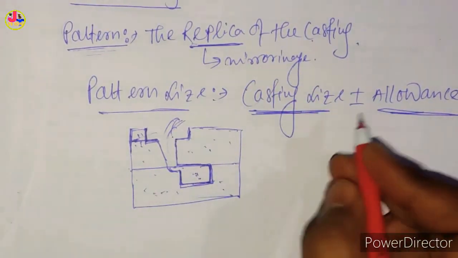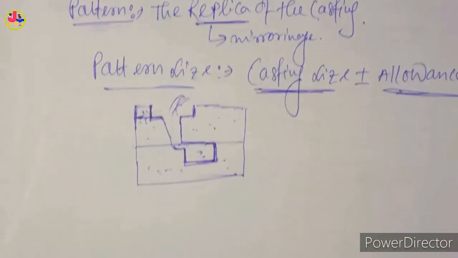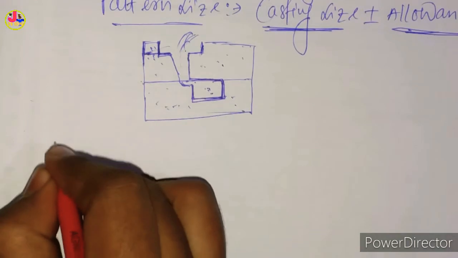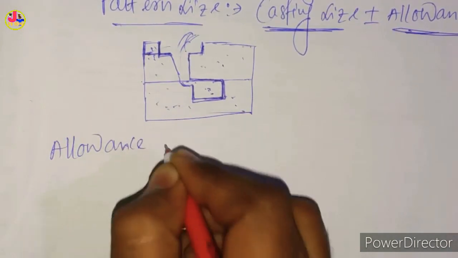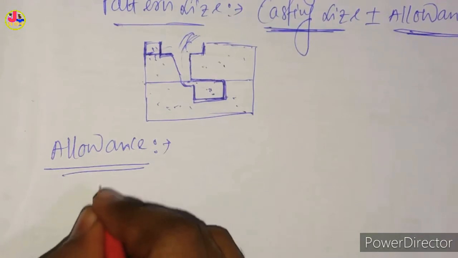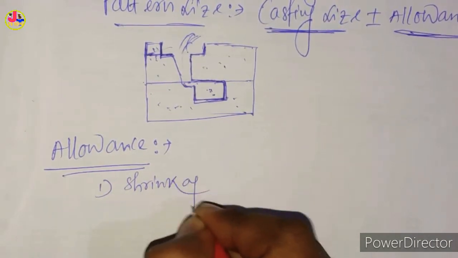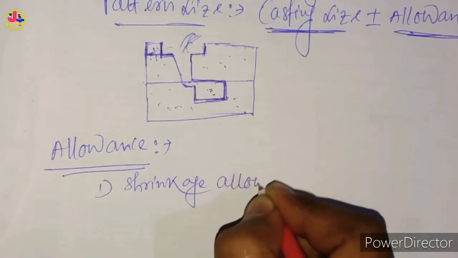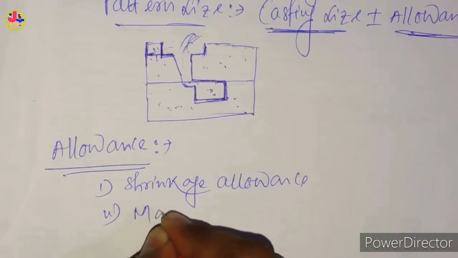So now we discuss the allowance. What are the types of allowance? First is shrinkage allowance. Second is machining allowance.